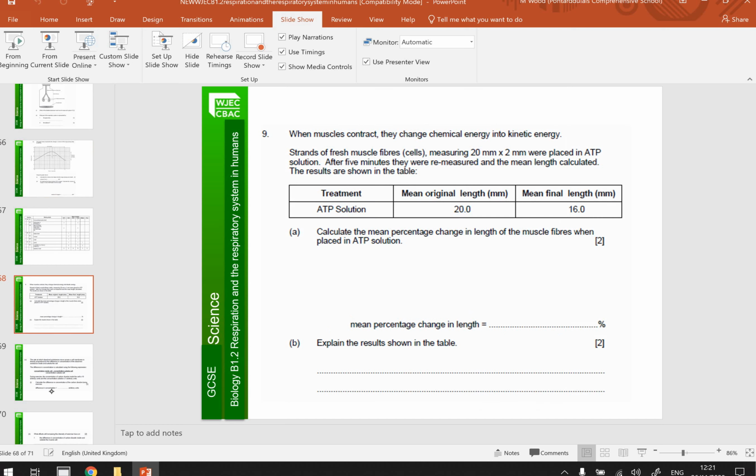Page, then, where are we? Page 38, 39, 40, 41. Page 41 is this one. This is probably the hardest question. It is a higher tier question here. So we've got percentage here that we need to be working out. So there's that part of the question about muscles contracting.